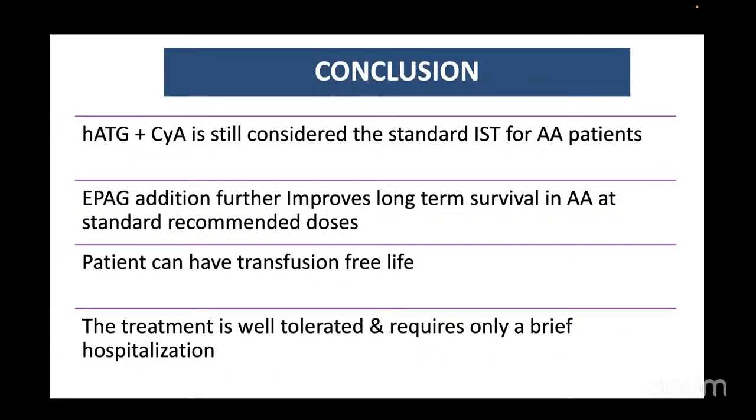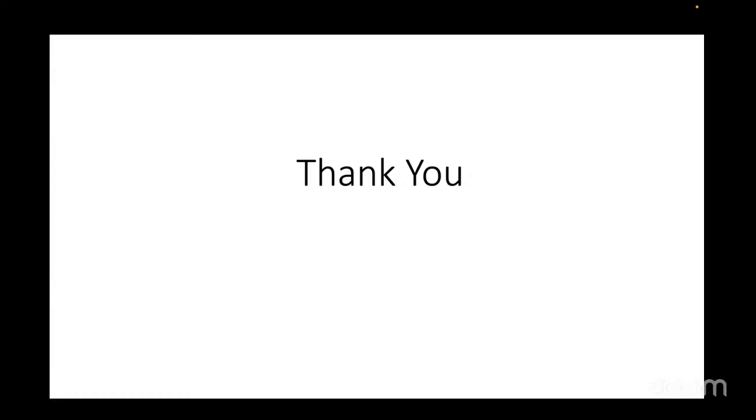So, horse ATG cyclosporine is the standard immunosuppressive therapy. Eltrombopag addition improves long-term survival in aplastic anemia at the standard recommended dosages. Patient can lead a transfusion-free life, and the treatment is well tolerated, requires only a brief hospitalization with proper monitoring for immunologic side effects. Thank you.